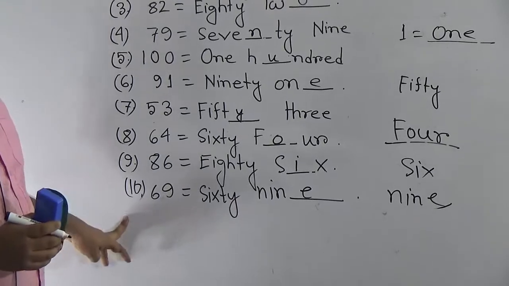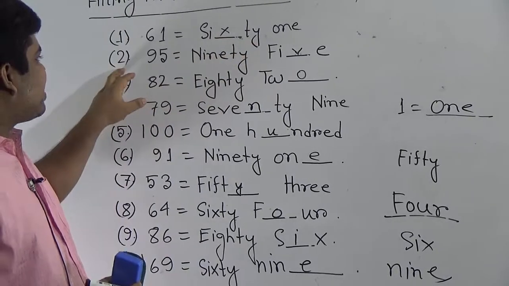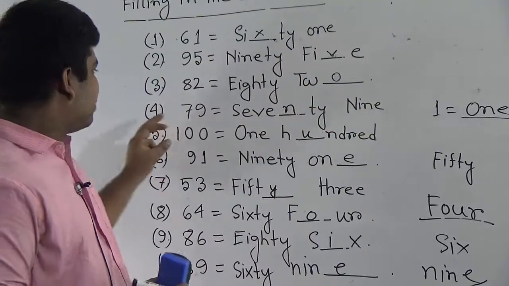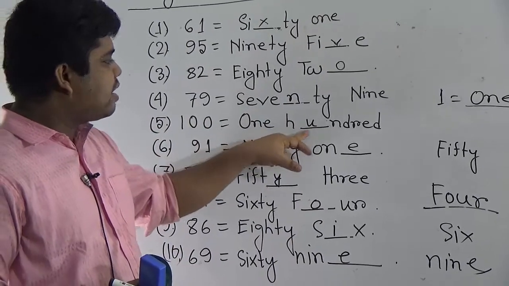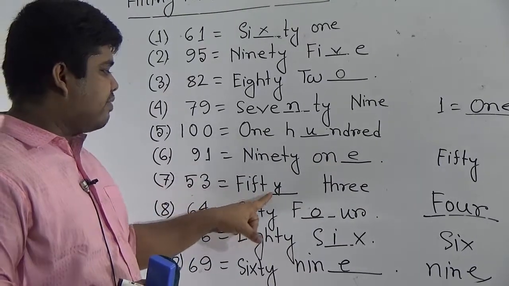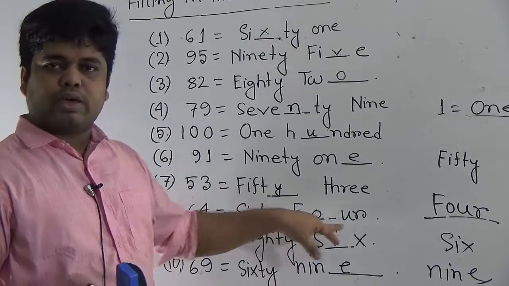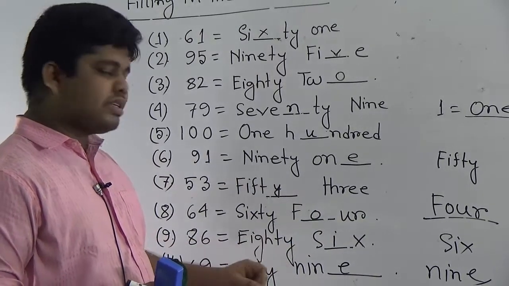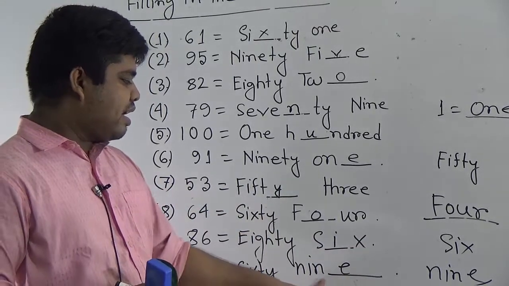1 to 10. Here first one, SIXTY, second one FIVE, third one TWO, fourth one SEVEN, 5 number SUN, 6 number ONE, 7 number FIFTY, 8 number SIXTY FOUR, 4, 9 86 EIGHTY 80 SIX 6, and number 10 69 NINE.